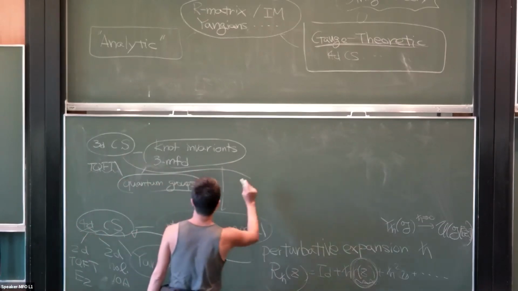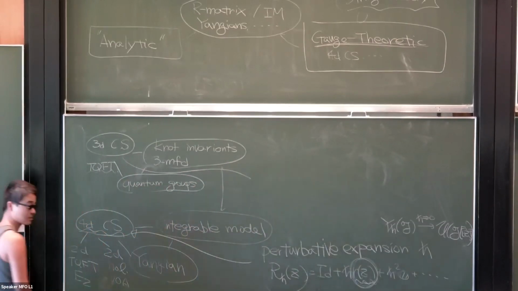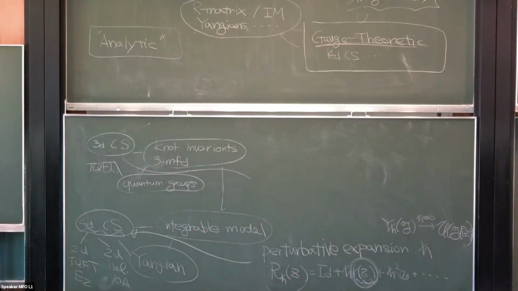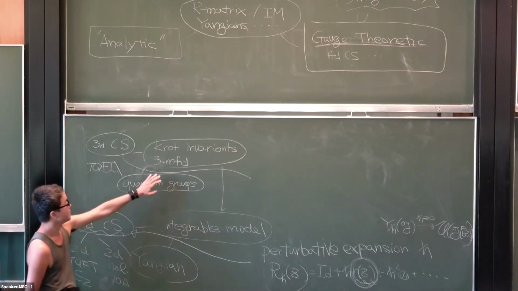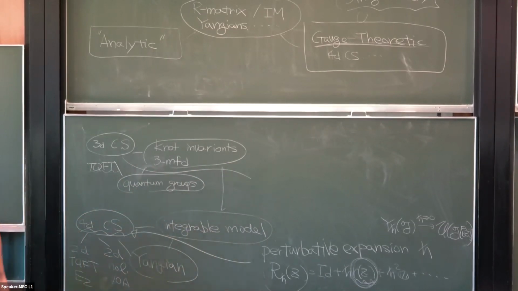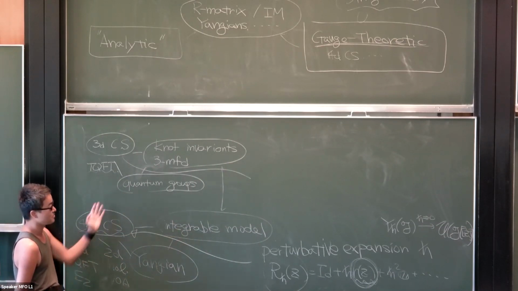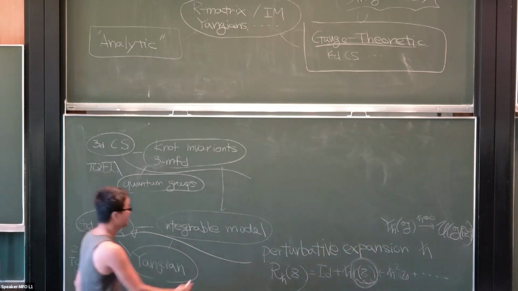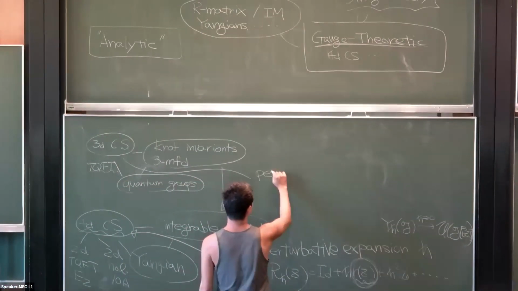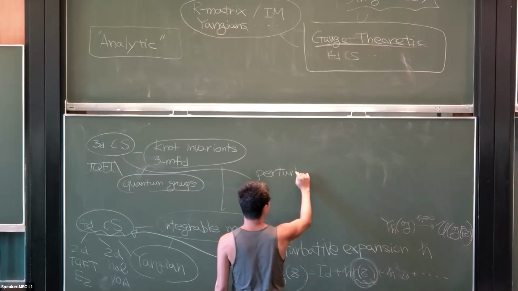3D Chern-Simons theory is a topological quantum field theory, so people usually use other methods to analyze it, using the surgery formula. That's how Reshetikhin and Turaev, for example, obtained the three-manifold invariant. But 3D Chern-Simons is a quantum field theory, so just like 4D Chern-Simons, you can still do a perturbative expansion, and certainly people have done that.